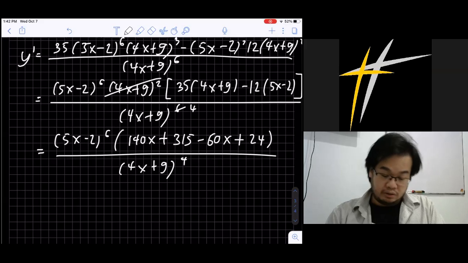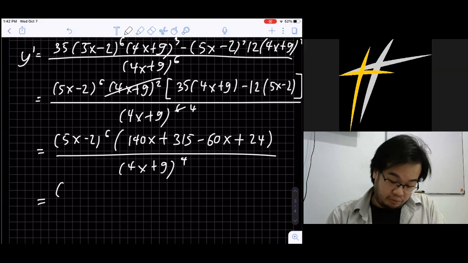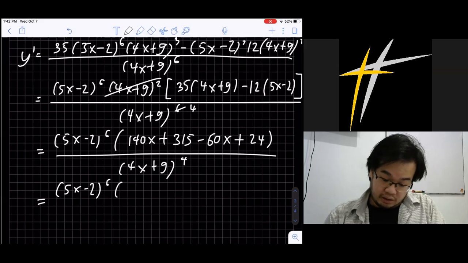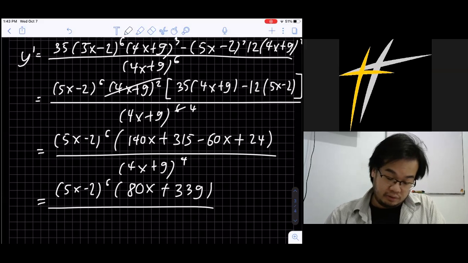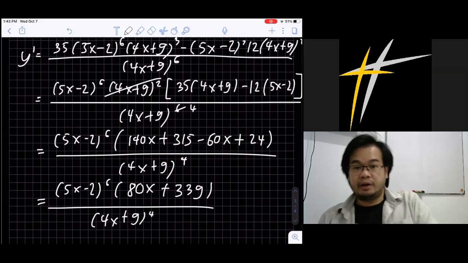Okay, so if we simplify again, it's equal to (5x minus 2) to the power of 6, and then we have 80x plus 339 over (4x plus 9) to the power of 4.